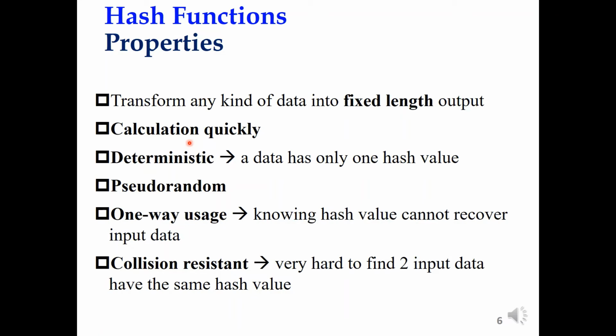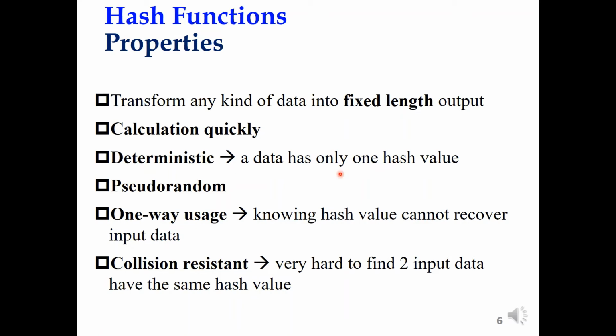Sometimes we use an adder, but complicated ones like a multiplier or divider should not be used. The next property is deterministic. It means that for a given data, only one hash value will be generated. There's no case of two hashes for one input data.